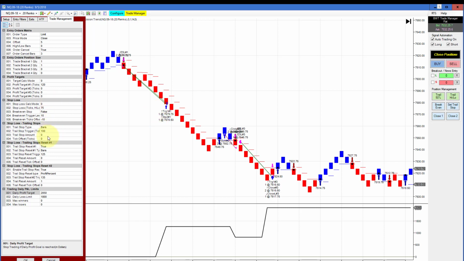I'm trailing by 0 bars, so this was probably 100 ticks here. And then at 125 ticks, we're trailing. Well, it's the same here. At 135 ticks, trailing by 1 bar. So this was probably 100 ticks, I'm guessing.